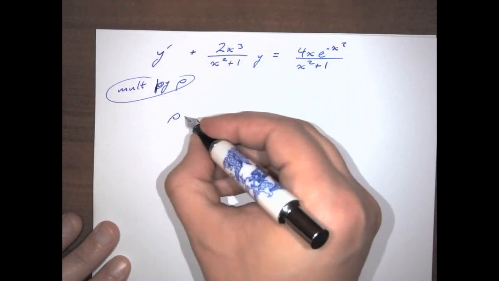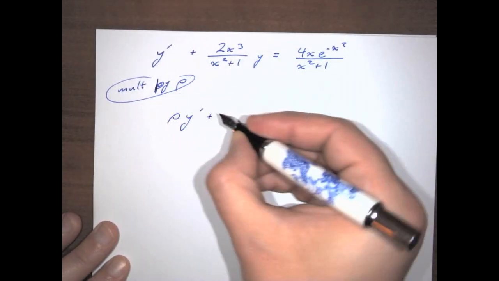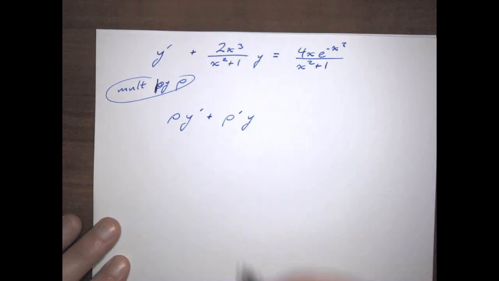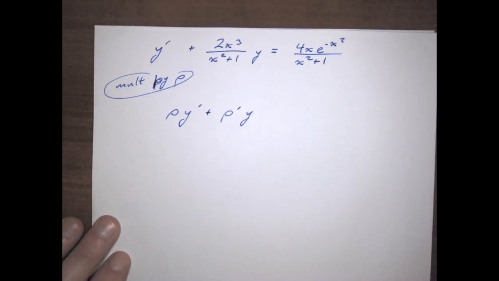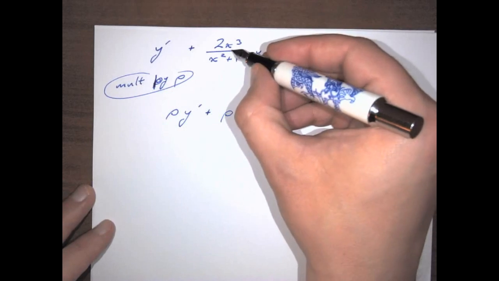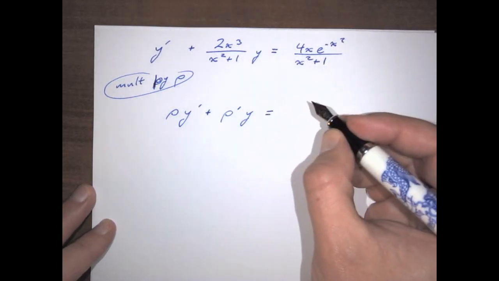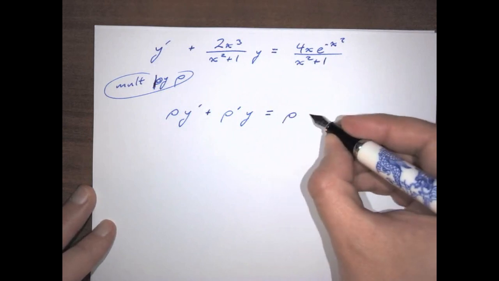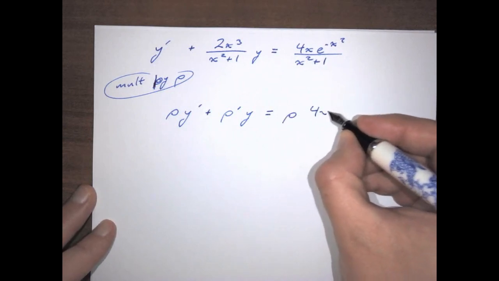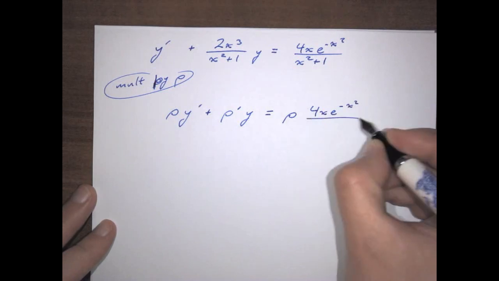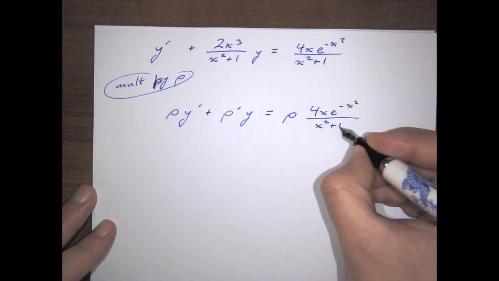So then we're going to have rho y prime plus rho prime y, taking a leap of faith here, hoping we did our integration properly, so that way what we have here times rho would be the same as just rho prime, and then that's equal to rho times 4x e to the negative x squared over x squared plus 1.